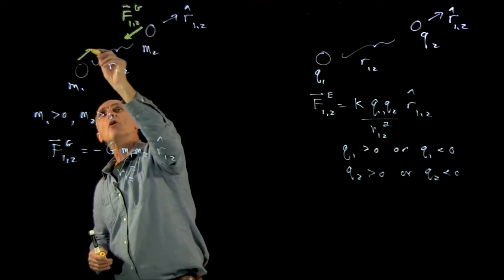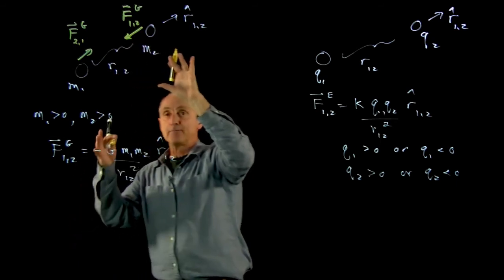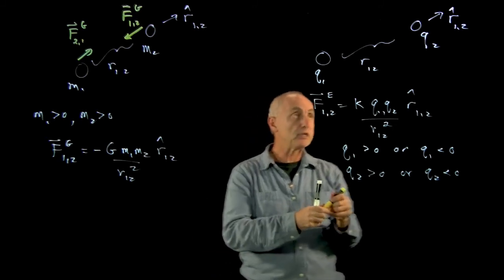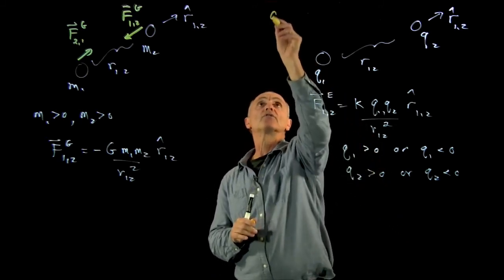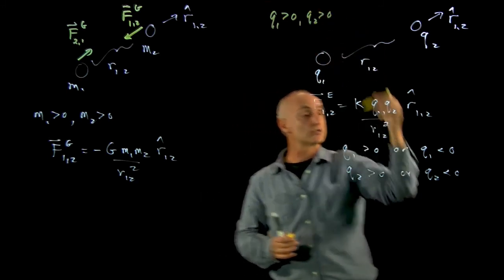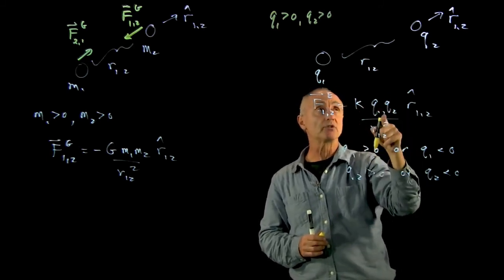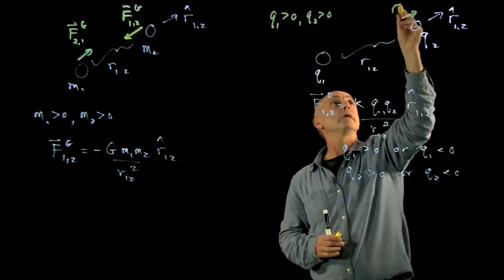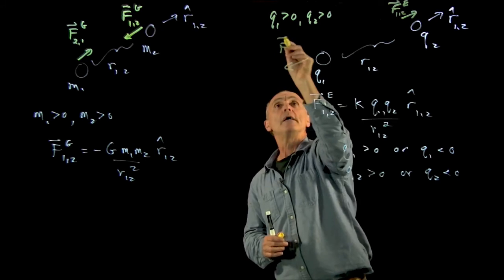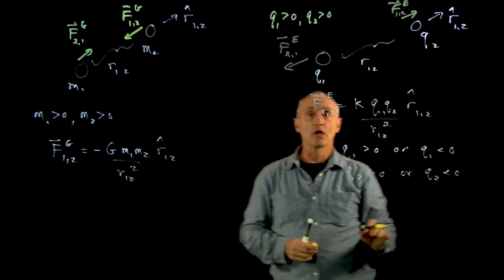And by Newton's third law, we also already know that the interaction between masses is always attractive. Whereas between charges, depending on the sign of the charges, let's just take the case where you have like charges, then the quantity in front of the r hat 1,2 is a positive quantity, and that means that the electric force is pointing away from the two charges, and that shows that like charges repel.